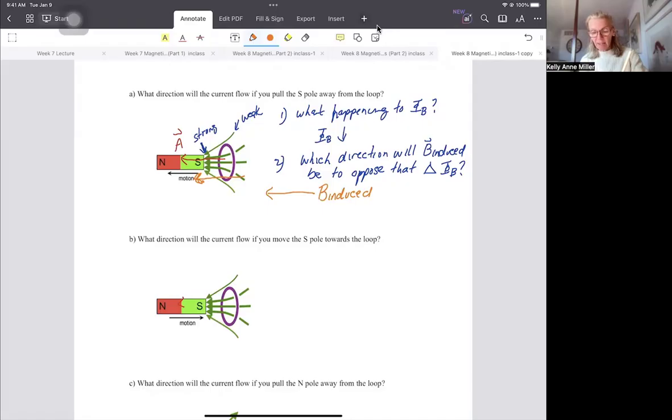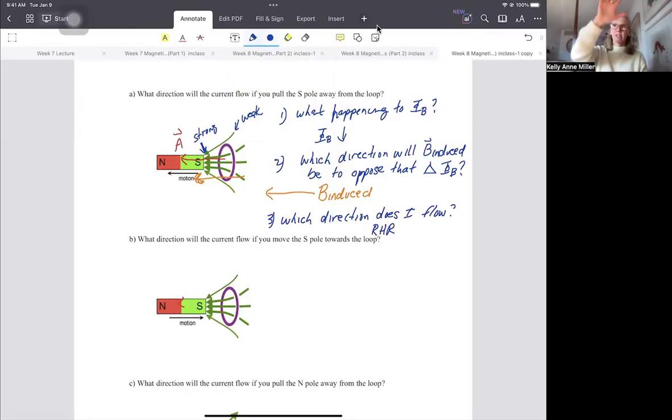Okay, and so then the last step is always the same. As a result of that B induced, which direction does the current flow? And that's just the right hand rule again. So I'm going to point my thumb in the left hand direction.